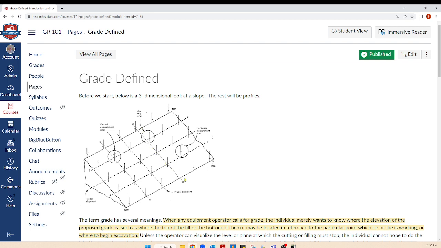But our focus right now is to understand how to calculate the ratio of slope, whether it's 2 to 1, 1.5 to 1, or the percentage of rise and fall, whether it's 2%, 3%.